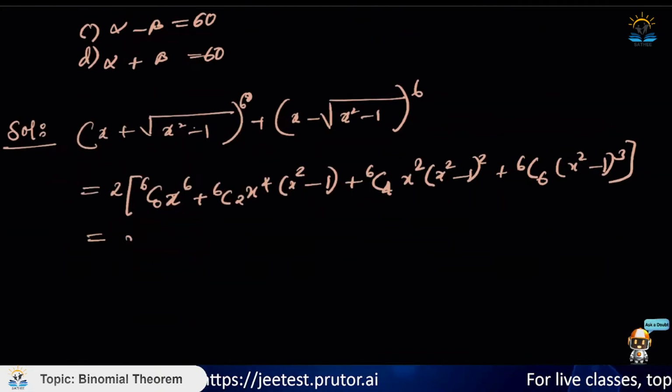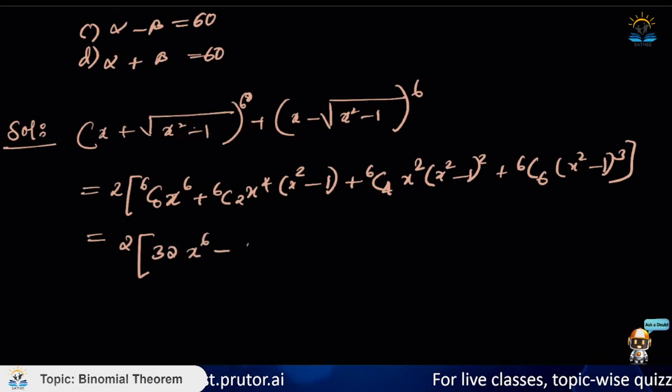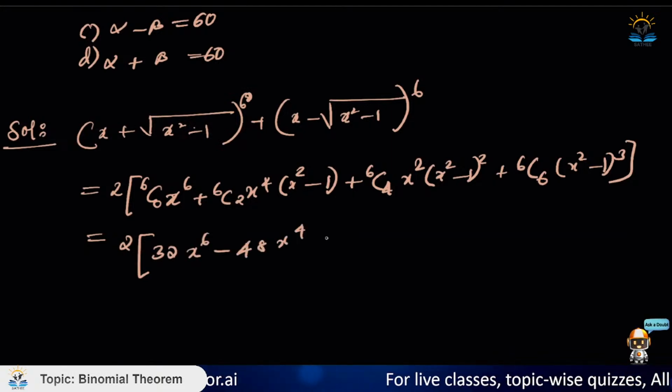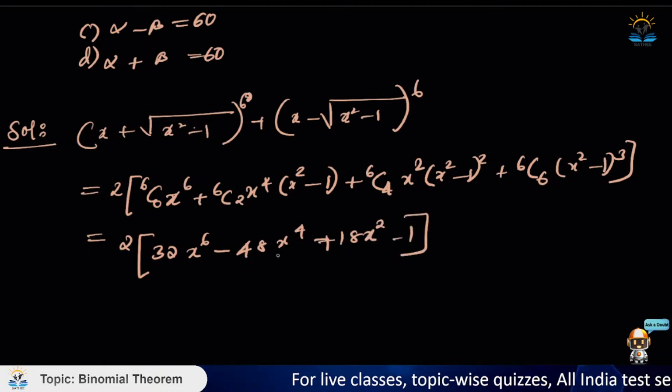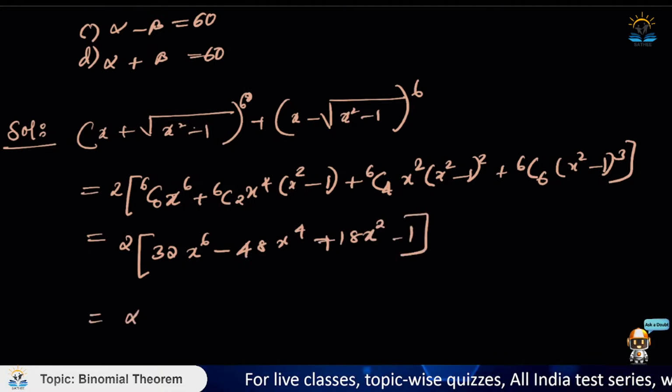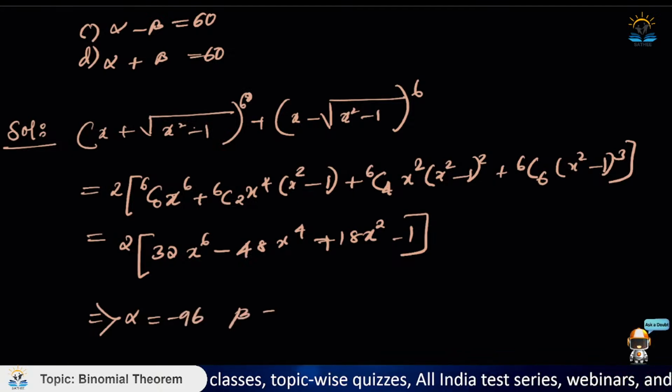So this will be equal to 2 into 32x⁶ − 48x⁴ + 18x² − 1, so alpha will be equal to −96 and beta will be equal to 36.